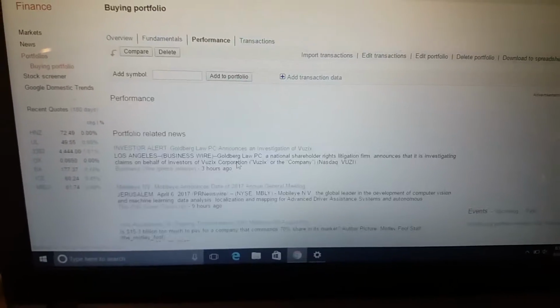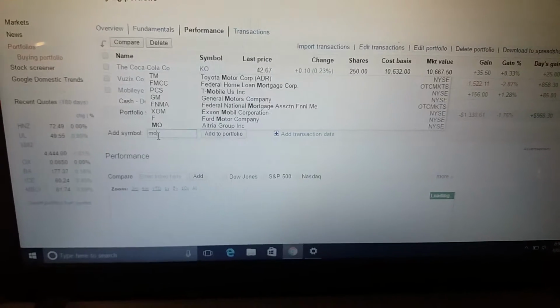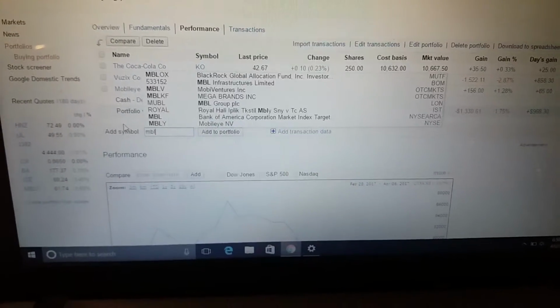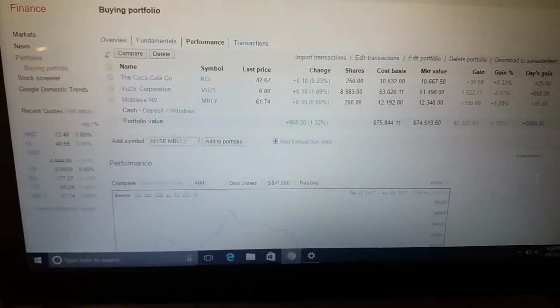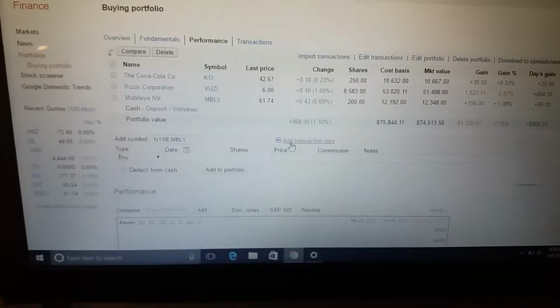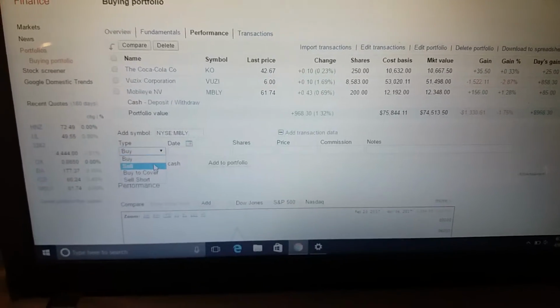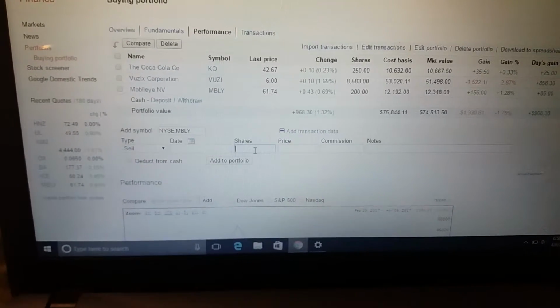The next one you're going to do is, again, Mobileye, M-B-L-Y. Now this one, you're going to add transaction data. We sold it, so you're going to have to hit sell. You sold how many shares? 200.